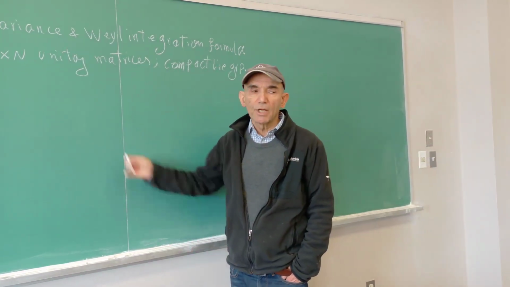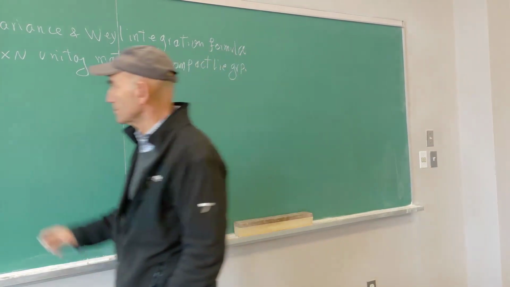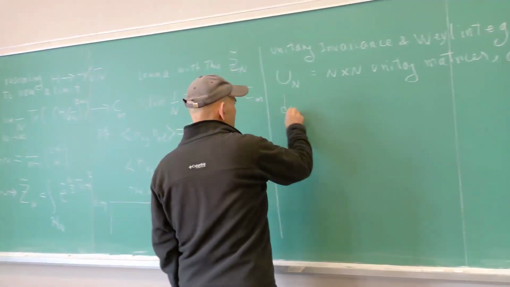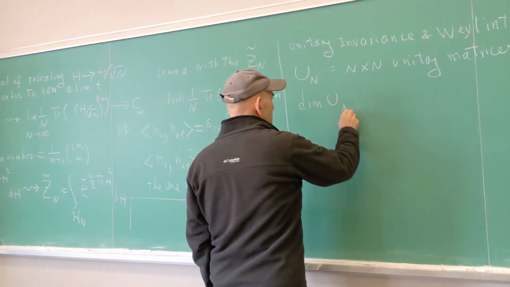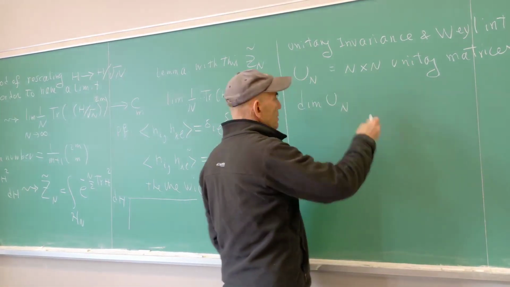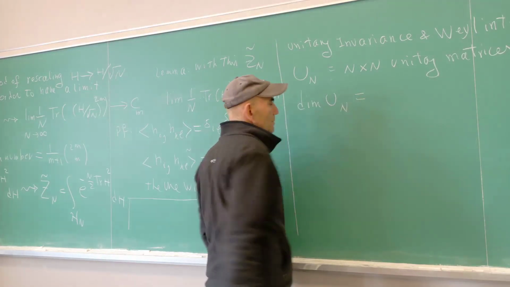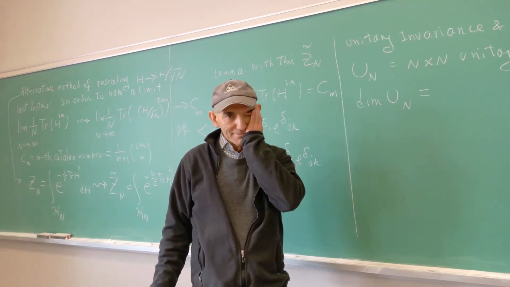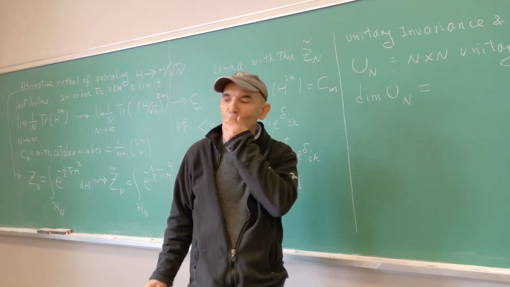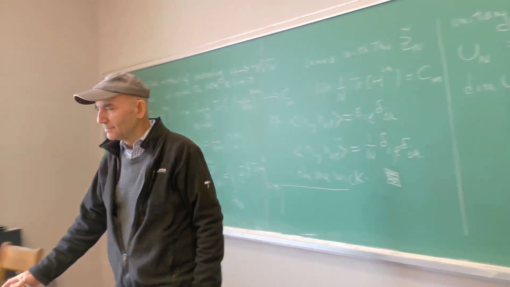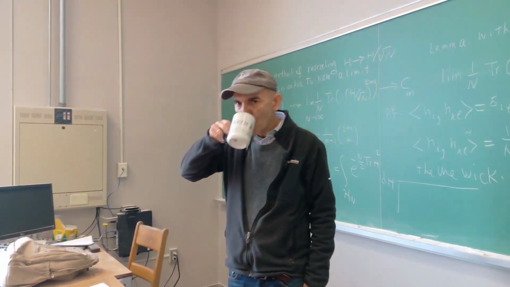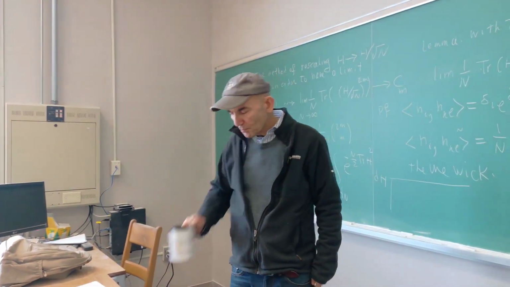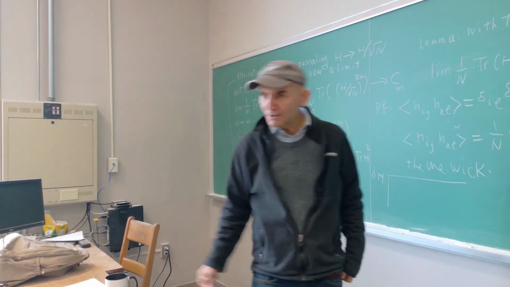It's a real Lie group. Do you know its dimension by any chance? Have you seen this before? The dimension is n squared.